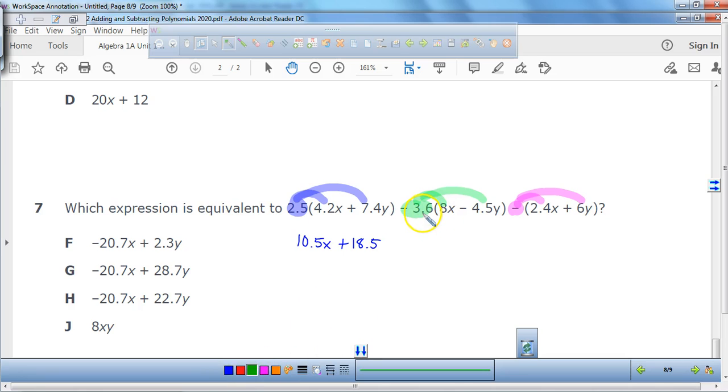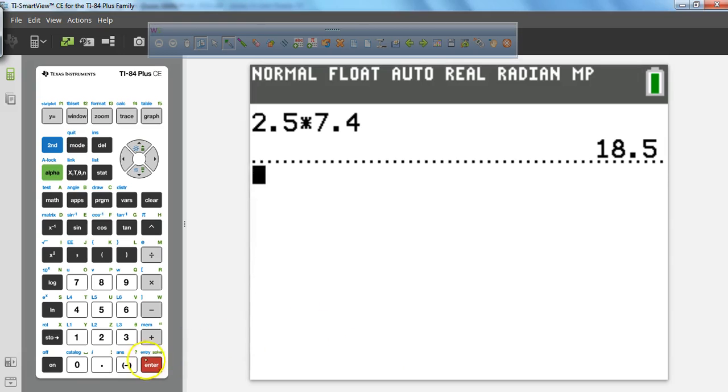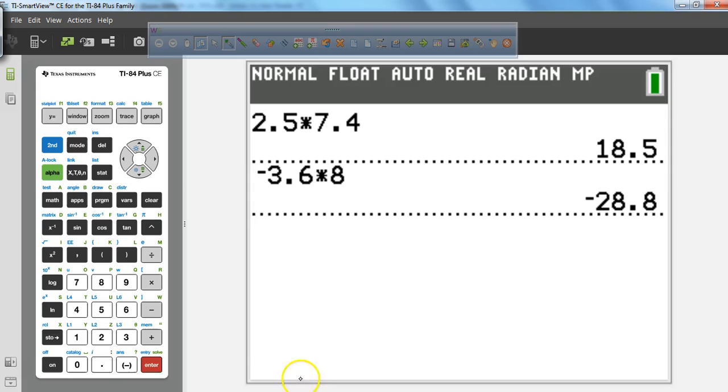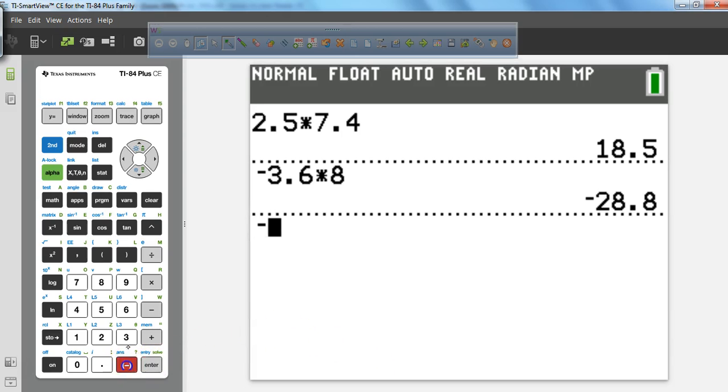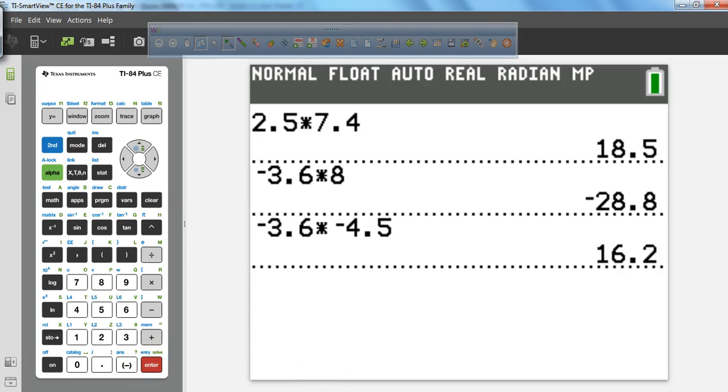All right, got negative 3.6 times an 8, negative 28.8. Put an x. Then we have negative 3.6 times another negative, which makes it a positive. It's going to be 3.6 times 4.5, but I'll go ahead and put negative 3.6 times a negative 4.5, and I get 16.2.